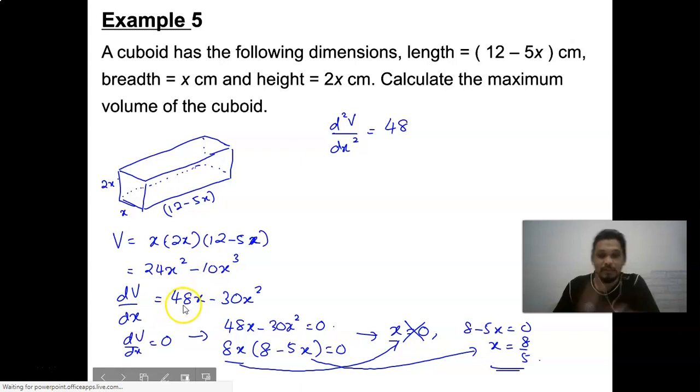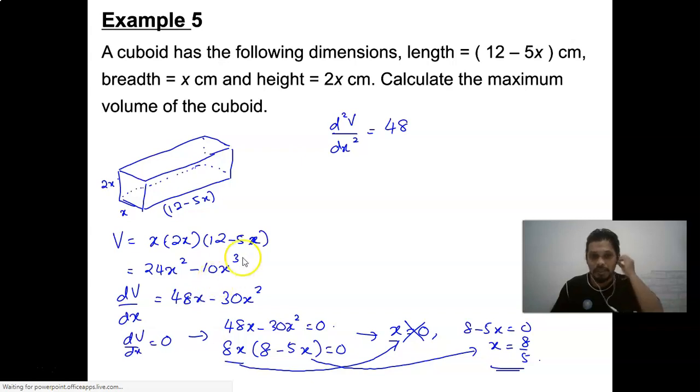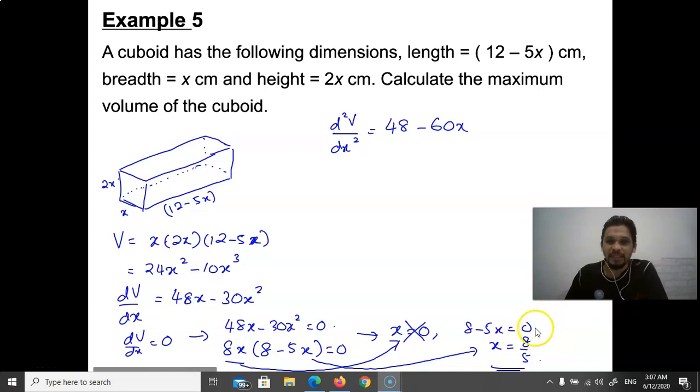So find the second derivative. The second derivative means that we differentiate the first derivative here: 48x comes up with 48, and minus 2 times 30 equals 60x.